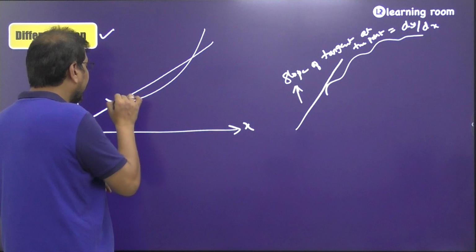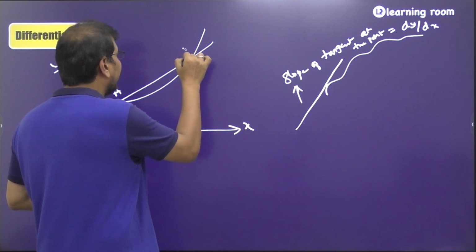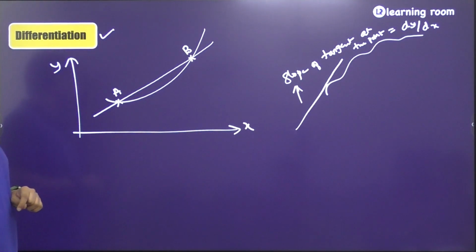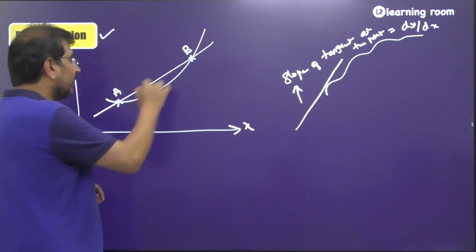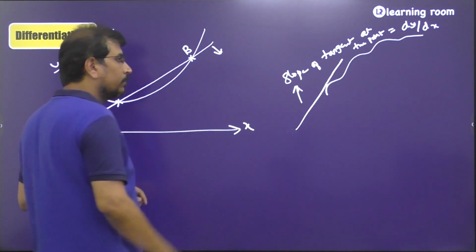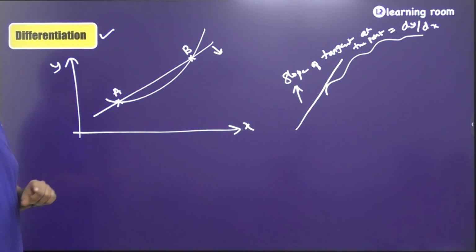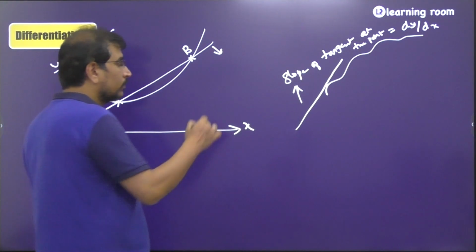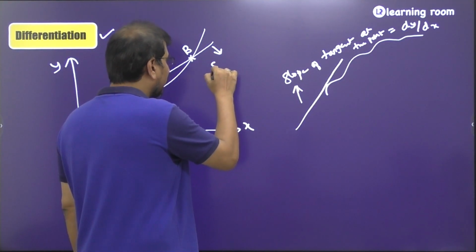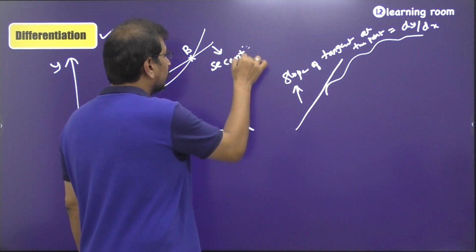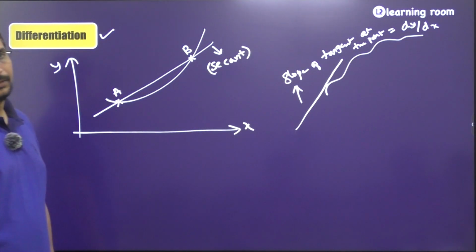So if I draw a line like this, if I take this point to be A and this point to be B, right? Then what is the name given to this line? Any idea? What is the name of a line which cuts the curve at more than one point? It's called a secant.